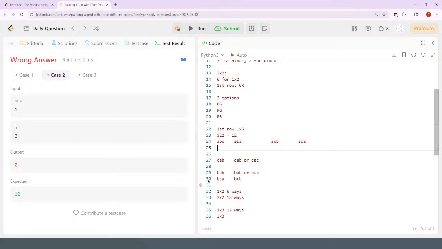If I had, let's say, a grid, if it's a 1x1 grid, it's 3.